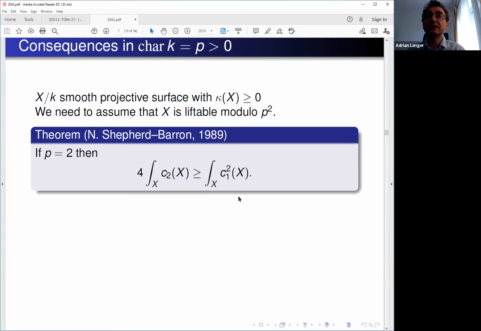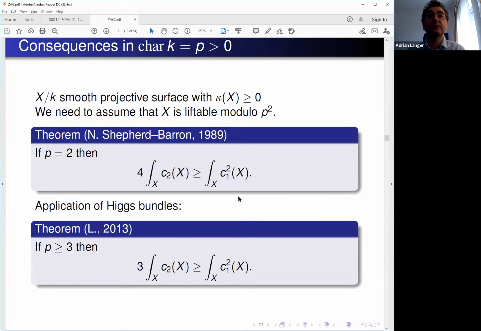This is worse than Miyaoka-Yau, and Miyaoka-Yau starts to work in positive characteristic starting with characteristic 3. And then it is really the usual Miyaoka-Yau inequality: 3 times the degree of C2 is greater than the degree of C1 squared. And obviously, this implies the inequality in the characteristic 0 case.